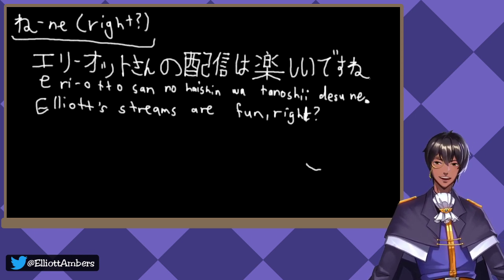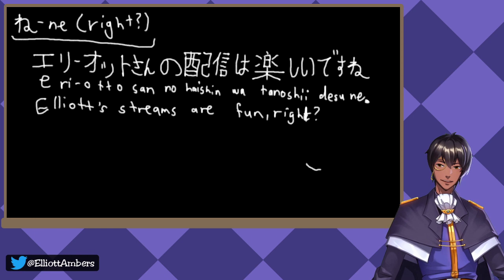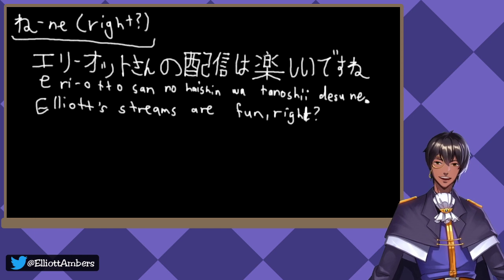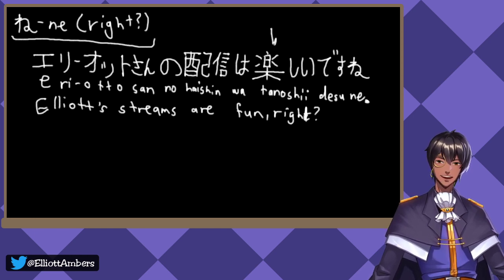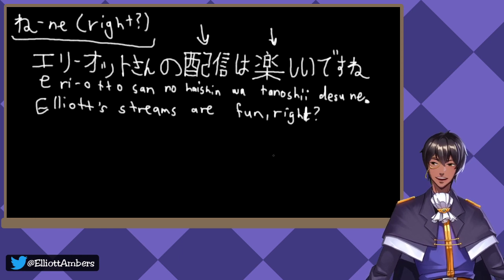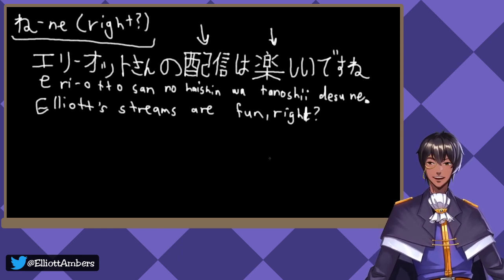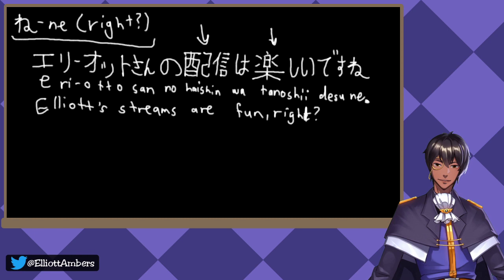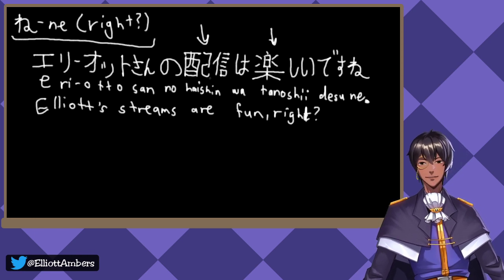And again, just to clarify some of the kanji that I just wrote, usually when I choose to write things, it's because I think the kanji is either easy or usually something you'll see a lot, which these two fall into. This here, just as a sidetrack, haishin is the word for stream. Whenever you see this symbol, that means that you're going to be watching a stream.